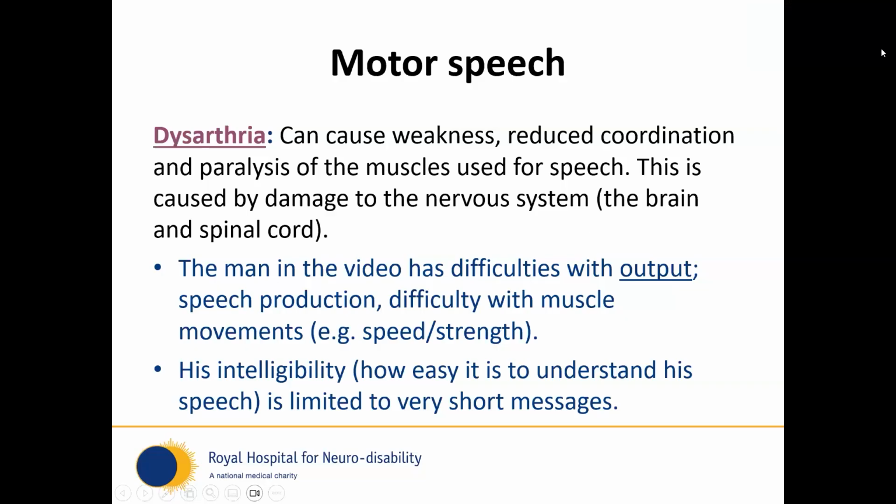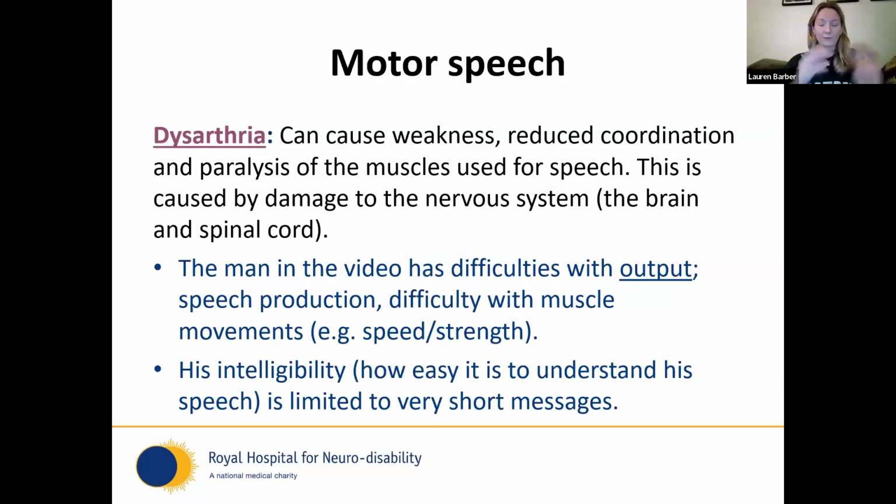Okay, great. So basically in the video, it was a man whose intelligibility was really affected by his dysarthria. So he was speaking in sentences, but a lot of it wasn't really very easy to understand. So his first couple of words were pretty easy to hear, but then the intelligibility of his message really trailed off.